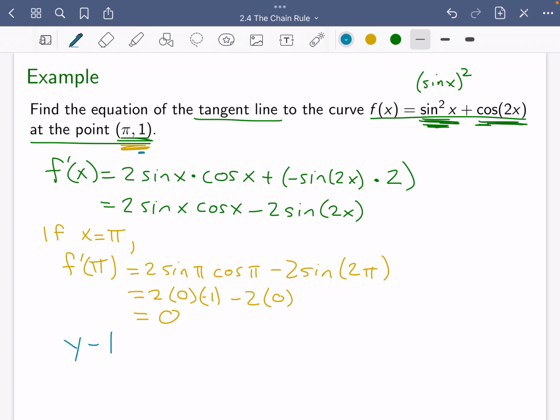So y minus 1 is equal to the slope 0 times x minus the x value of the point. So we have y minus 1 is equal to 0, or y is equal to 1. That is the equation of our tangent line.